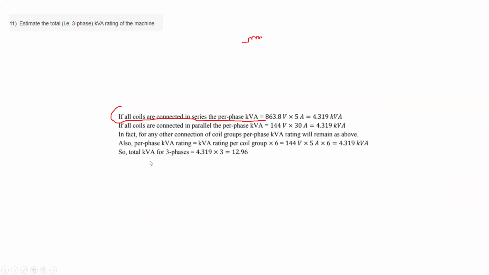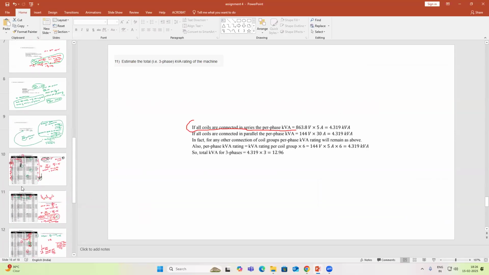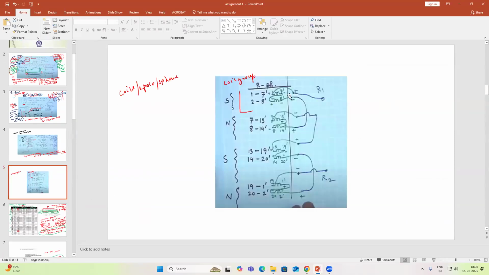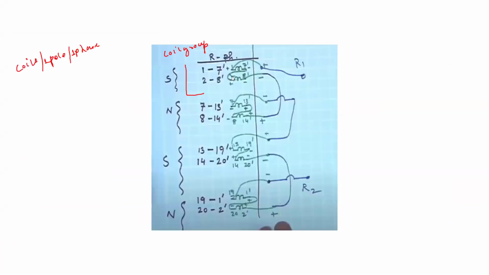Just erase this. You see here also the final diagram which sir has drawn. Now you can see when the series connection is made like this, all coils are connected in series, which is generally the case also. So what will be the voltage rating?